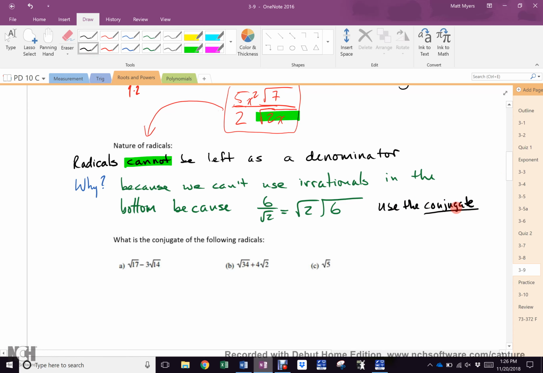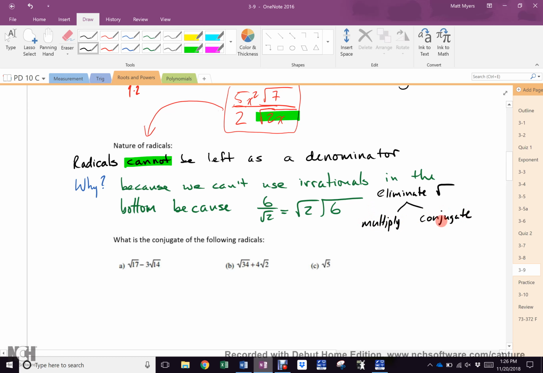The conjugate is, actually I shouldn't have said that yet. If you're writing in pencil, erase conjugate. You must eliminate the radicals. You have 2 choices. One, you can use multiplication. Or 2, you can use the conjugate.